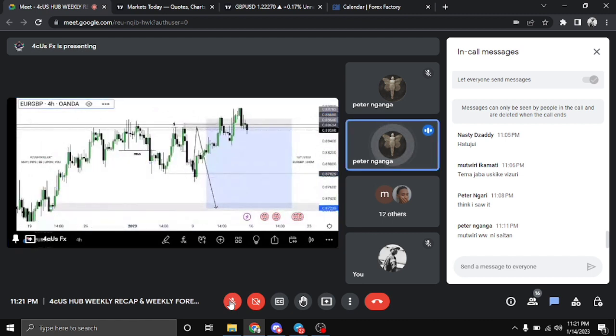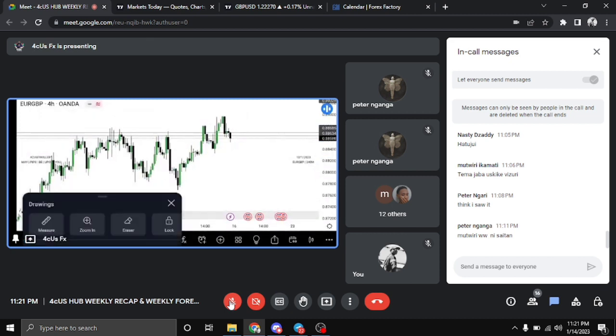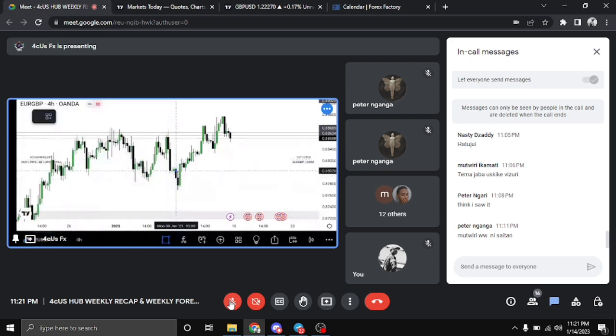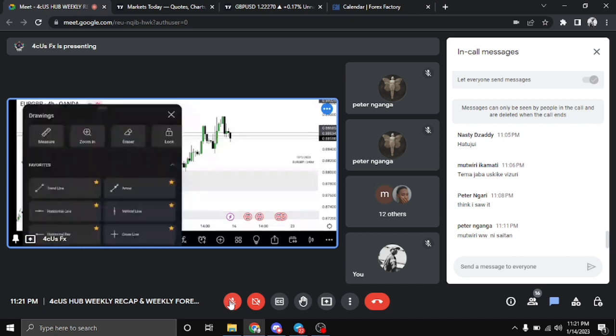So hii setup nimeonyesha why it failed. Kulikuwa na liquidity ilikuwa inafaa kuwa grabbed. So currently mimi nitamark tu some POIs zenye wewe utaenda nazo.